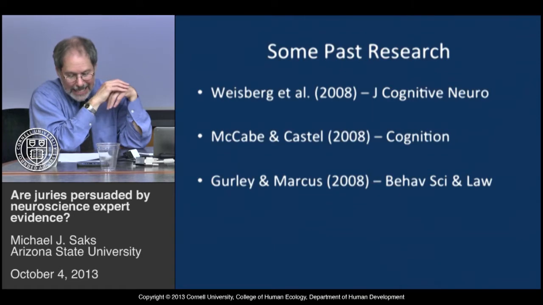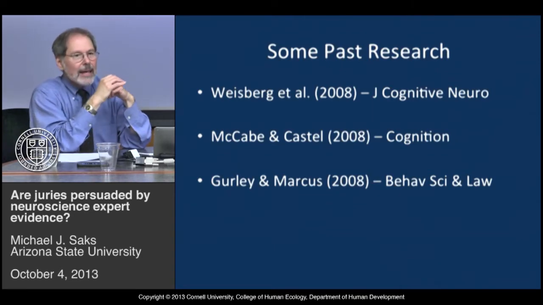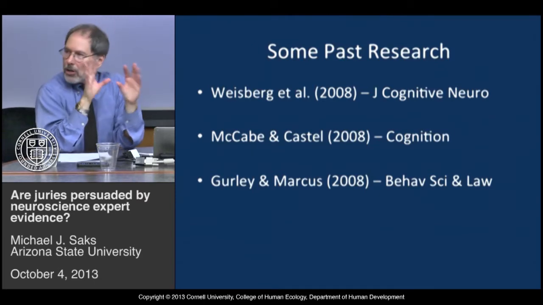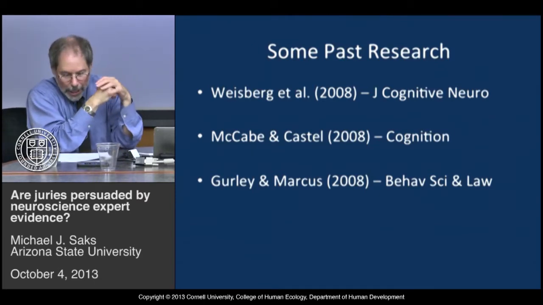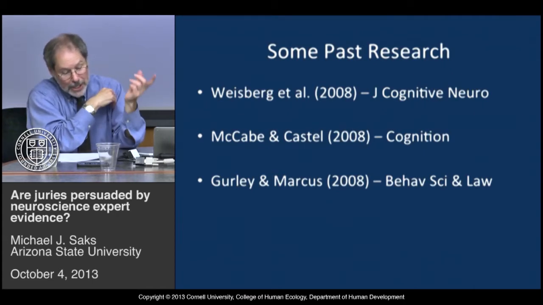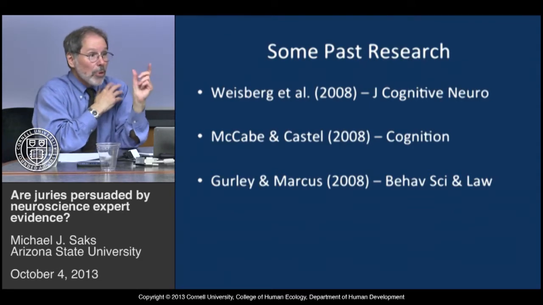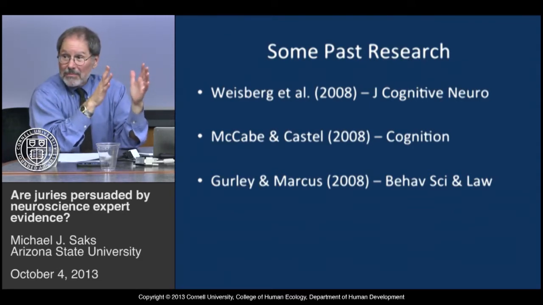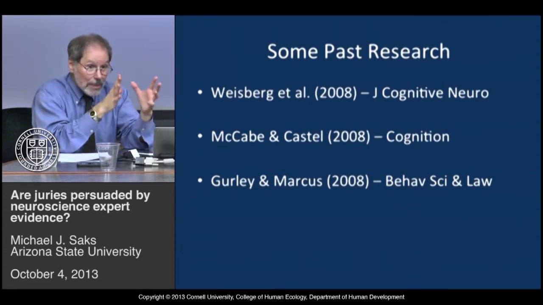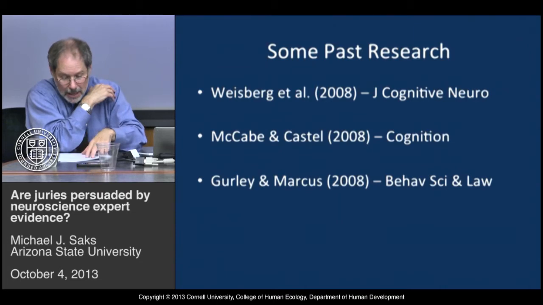In the McCabe and Castell study, they presented people with simulated newspaper clippings which presented stories about new scientific findings. The findings were either accompanied by brain images, as in, here's what we're describing as a new finding, and here's a picture of what's going on in the brain.